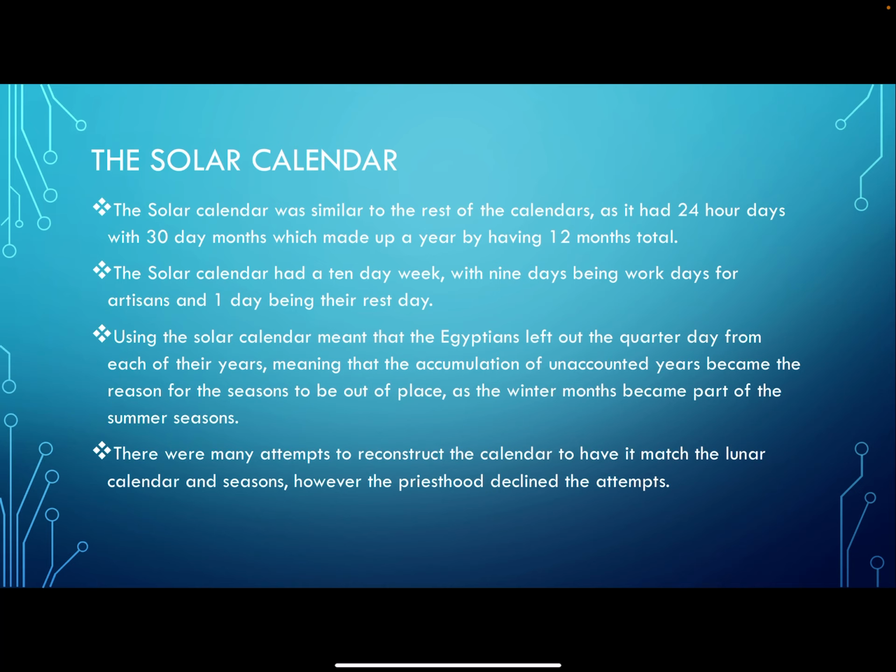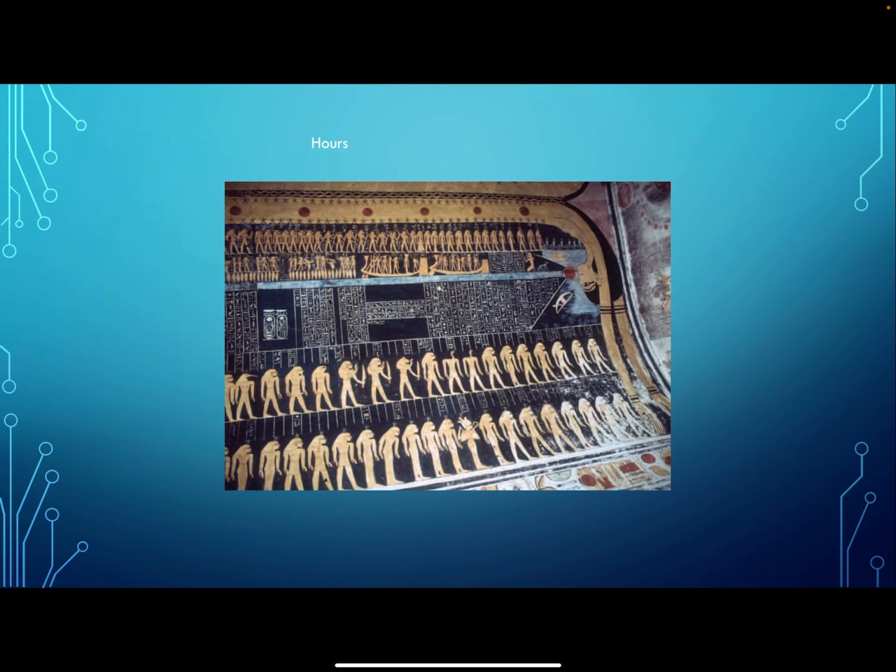It would be understanding as to why the priesthood kind of negated plans to create a more accurate calendar, kind of just because it would interfere with dates that were already taken up to celebrate certain gods, or because of religious events.